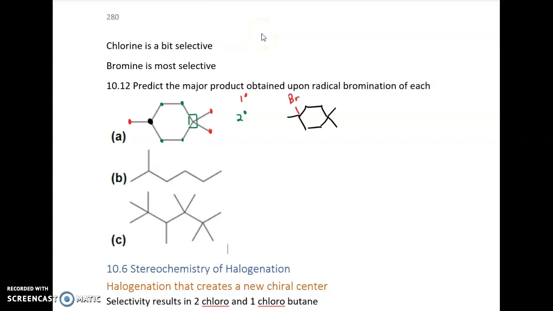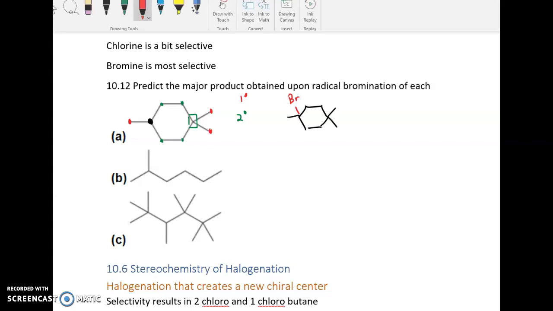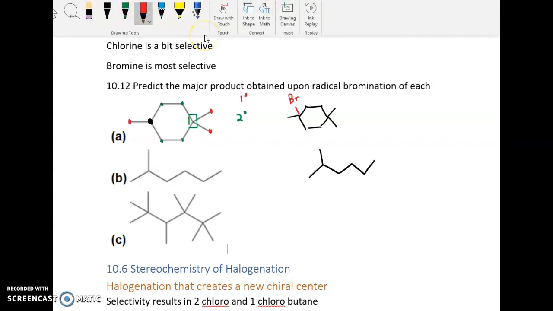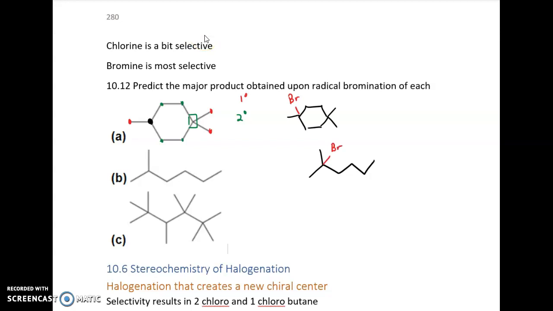We were taking off a hydrogen. Okay, so we'll do the same thing here. If we put our bromine in this location, that will give us the most stable intermediate.